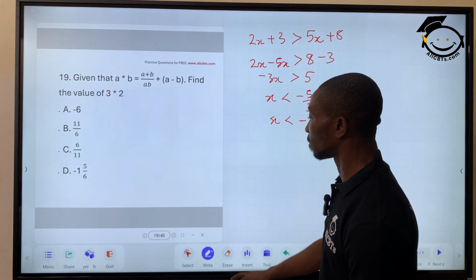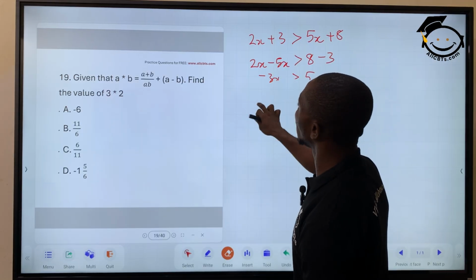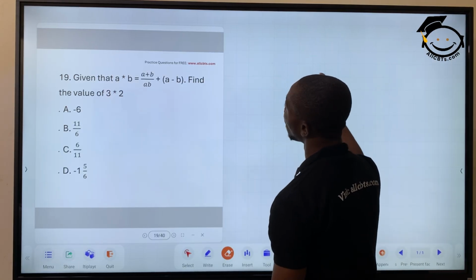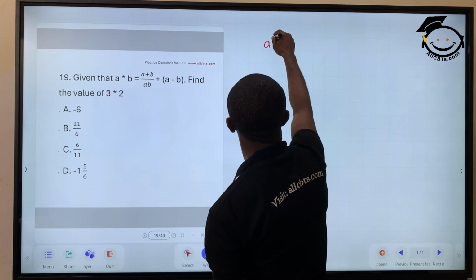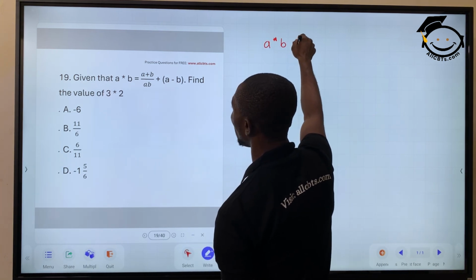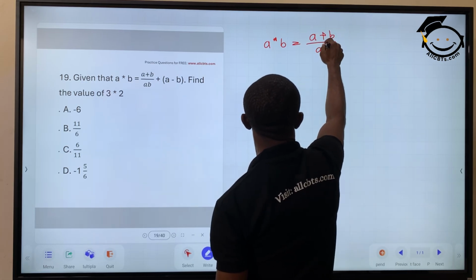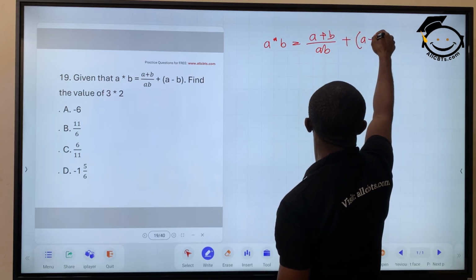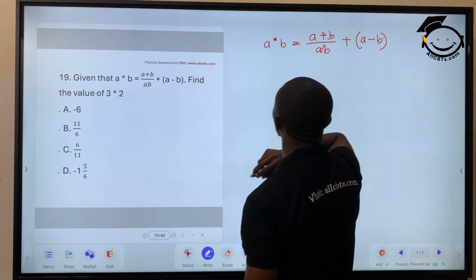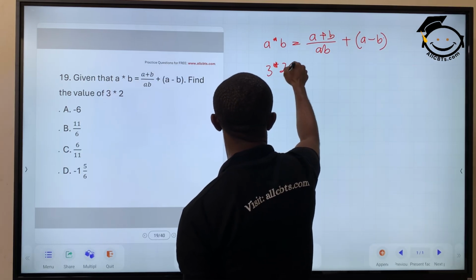Okay, next we have, it is given that a asterisk b equals a plus b over ab plus a minus b. All right, so they said we should find 3 asterisk 2.